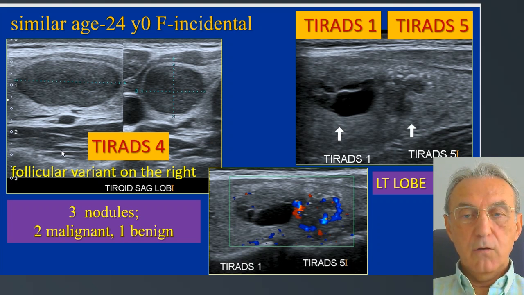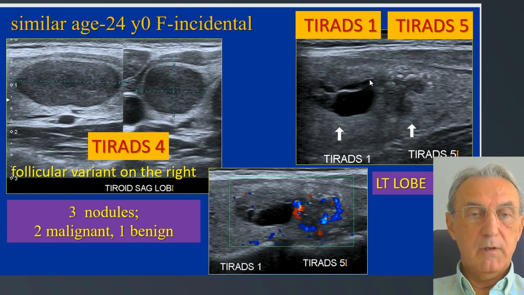The one on the right lobe is homogeneous with regular borders and hypoechoic structure, so it is a Thyroid's 4 nodule. The ones on the left lobe are, one of them is cystic, a little bit complex cystic, and the other one has macrocalcifications. It is hypoechoic with irregular borders, and it is Thyroid's 5.